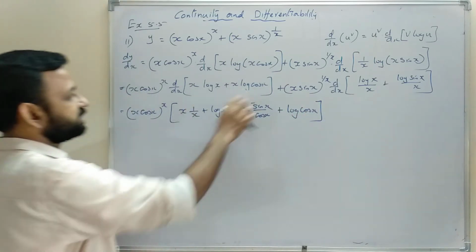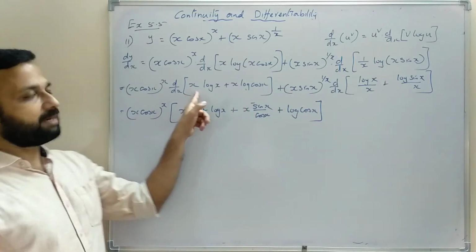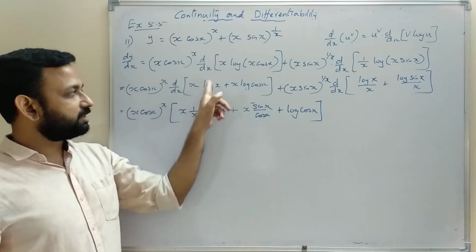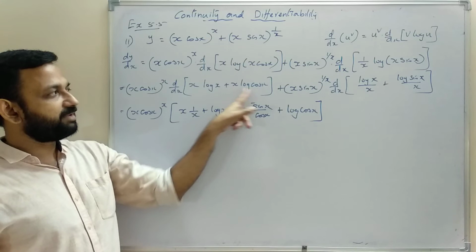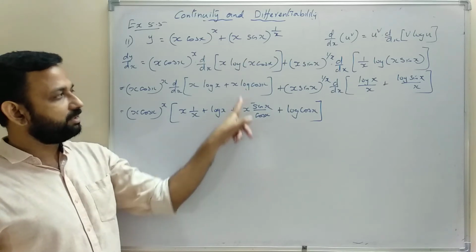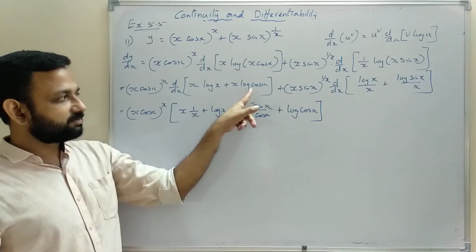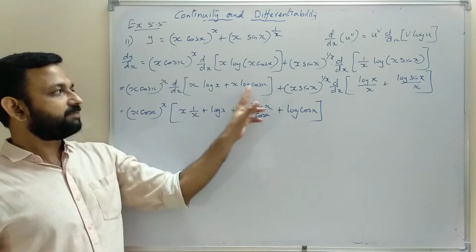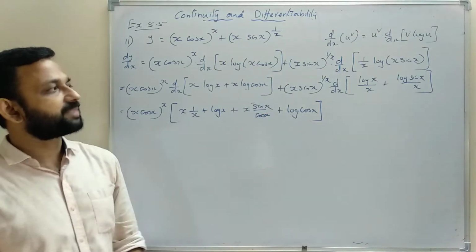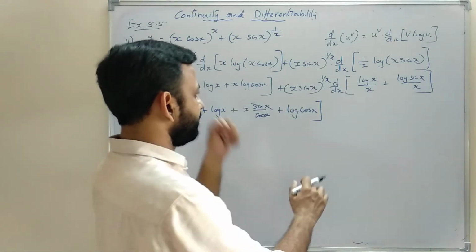So differentiation is completed here. We applied the product rule: x into 1 by x plus log x into 1, plus x into 1 by cos x into minus sin x, plus log cos x into 1. The same way we can find the derivative here.